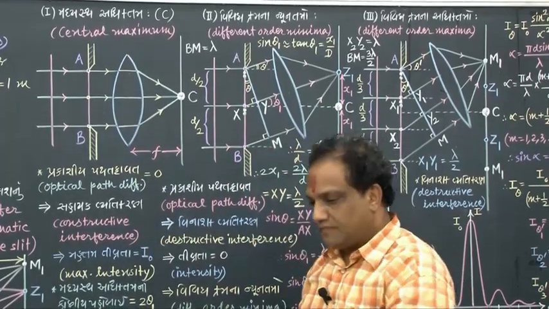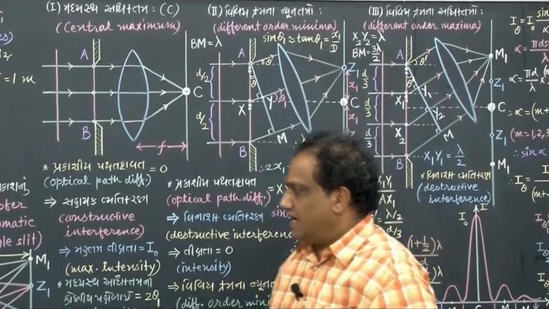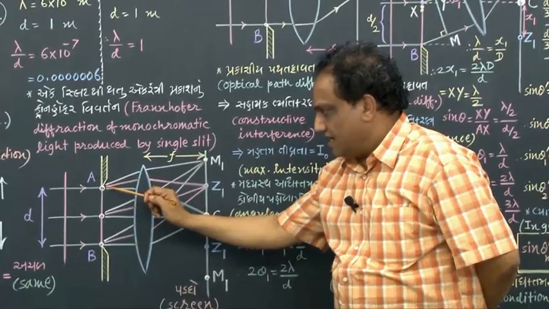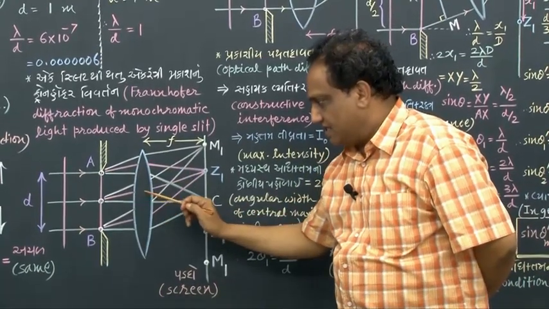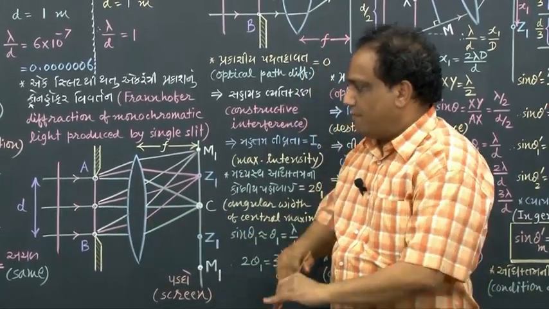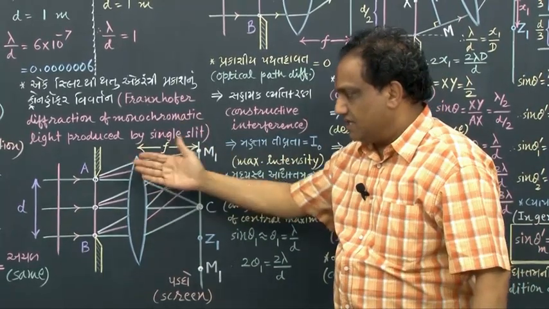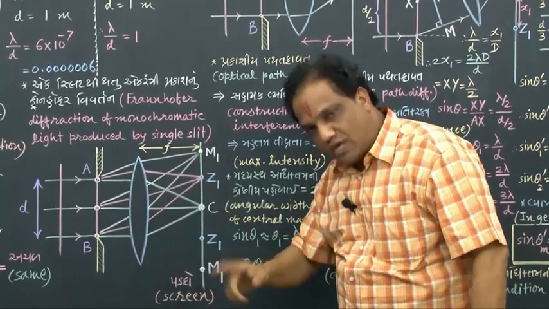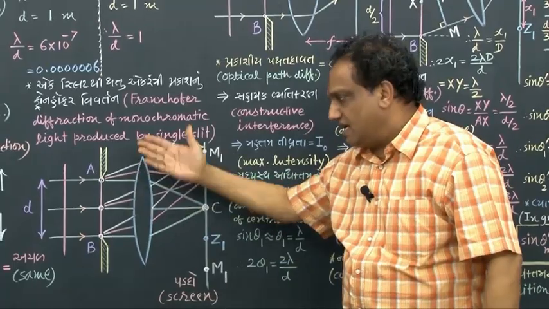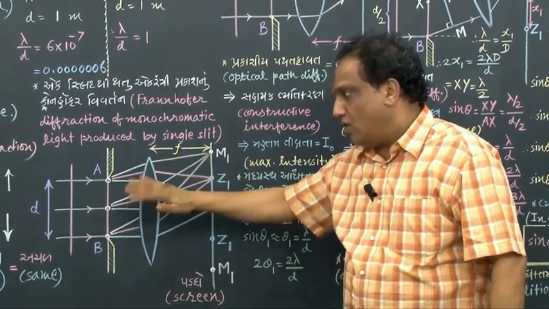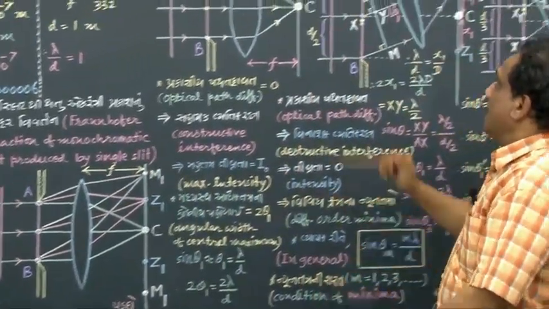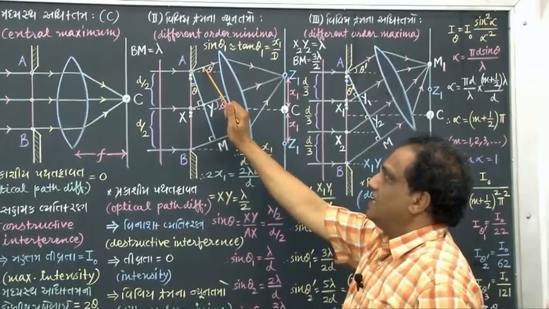Fine. And now think of these light rays. Look, these light rays which are bent by same angle on upper side, same way you can consider on lower side also. At present we consider those light rays which are bent by same angle on upper side, and that same angle I am taking as theta.